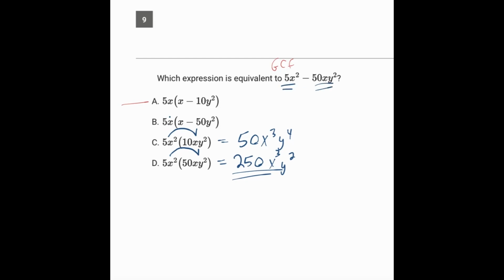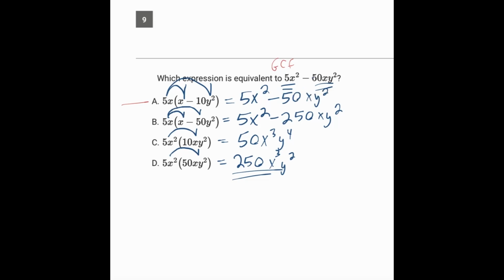But if you distribute B, you get 5x times x and 5x times -50y squared. So 5x times x, that's 5x squared, and 5x times -50y squared, that's -250 xy squared. So none of those match up. Distributing here, 5x times x is 5x squared, and 5x times -10y squared, that's -50 xy squared, which, as we knew already, totally matched. So the answer here is A.